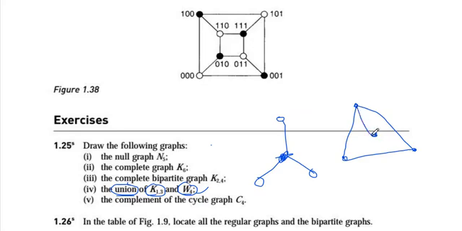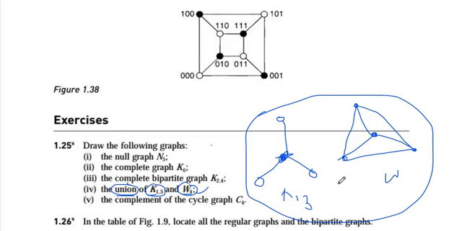This center point is connected with all the vertices. So this is W4. Then K_1,3 and W4, you just combine like this. So this is the union graph of K_1,3 and W4.